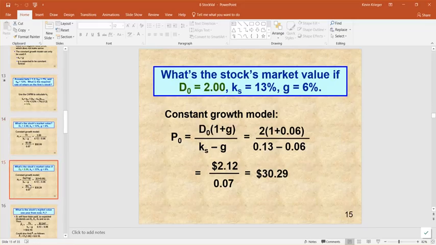Now, if you're given one like this, where you're talking about a dividend just paid, then you have to manually grow the numerator at one growth rate. So that would be, in this case, to multiply by 1.06, since the g in this example is 6%.